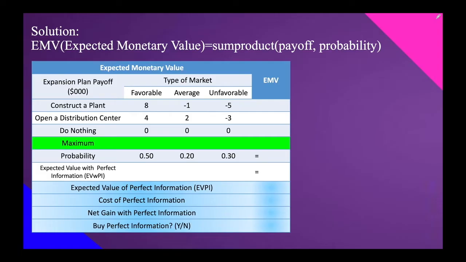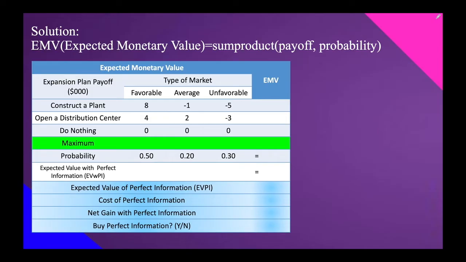So we have here a table regarding the expansion plan payoff, the type of market, or rather, the expected monetary value. It's the same as earlier. But for now, what will we do first? We have the formula from earlier: sum product of the payoff and probability.